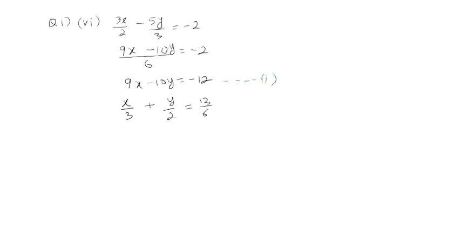So again we can take the LCM here. 6 I'll get. I hope you know how to add, multiply, add and subtract in fractions, so I'm not explaining how these things are coming. Now this 6, if you transfer it, it will cancel with 6, so I'm left with 2x plus 3y is equal to 13. So this is our second equation now.